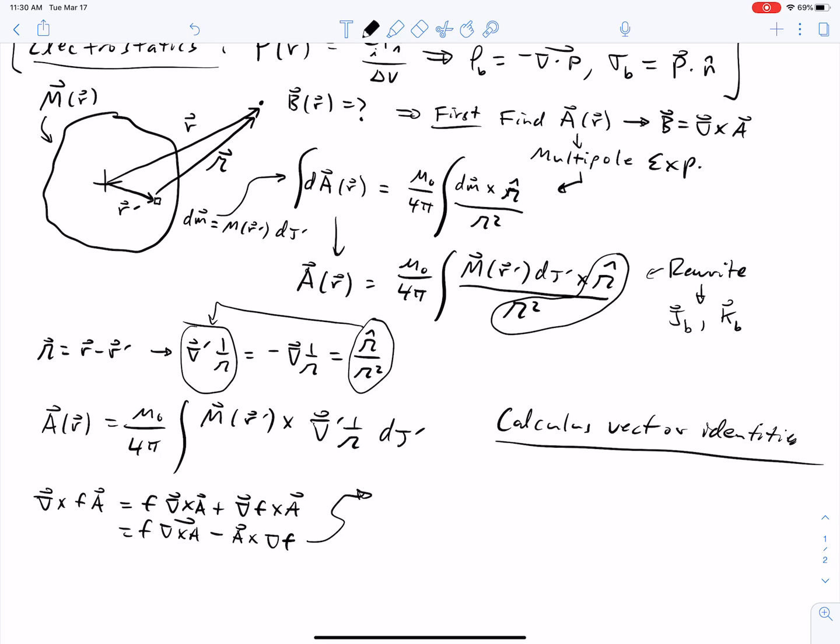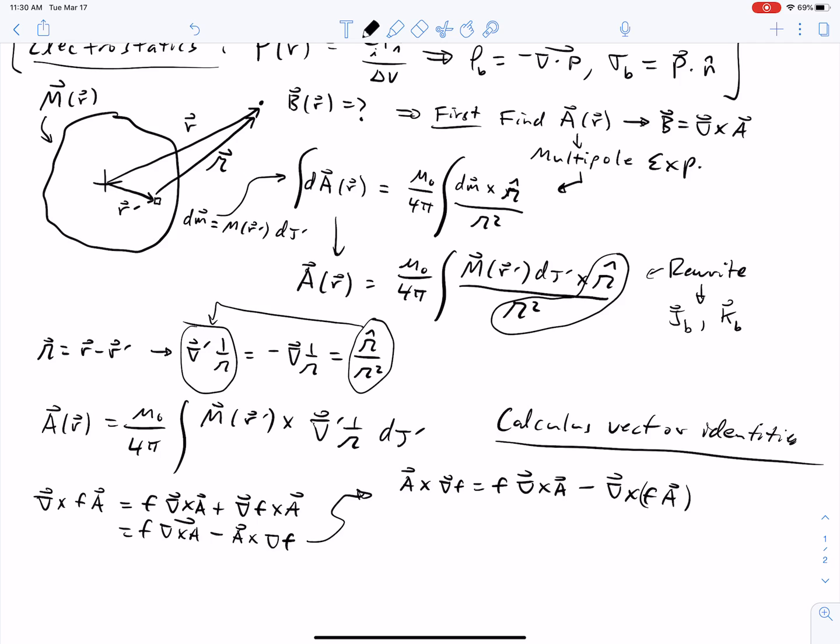That leads to this vector identity, which is A cross del f is equal to f del cross A minus del cross f A.